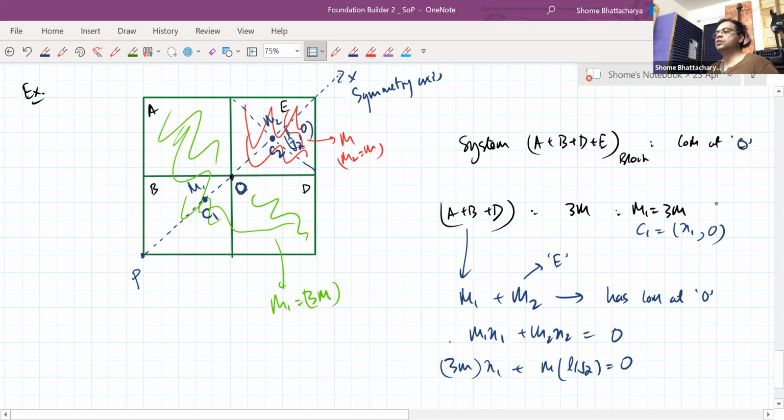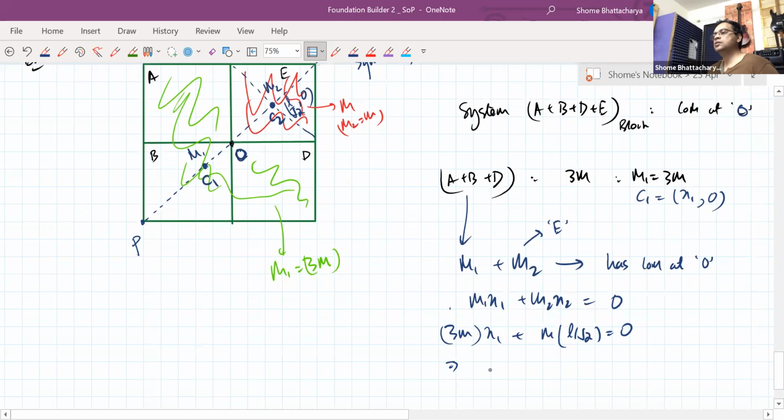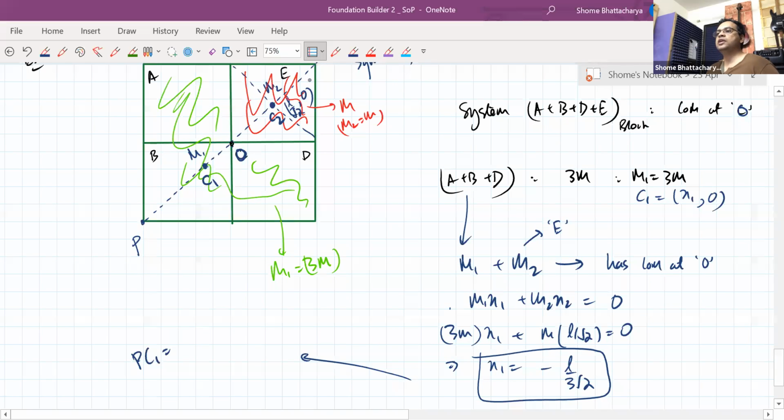So that shows me that x1 is equal to minus L by 3 root 2. Then I can see what the distance PC1 is. PC1 is the distance PO minus x1, where PO is this diagonal, L root 2, not the full one.